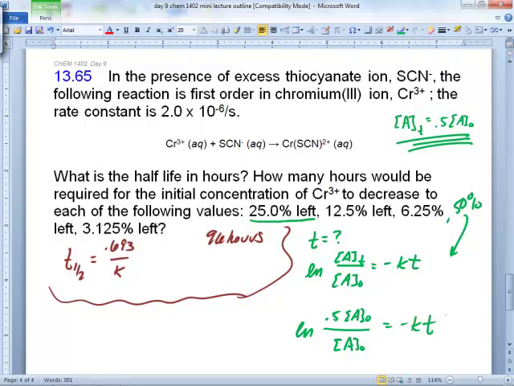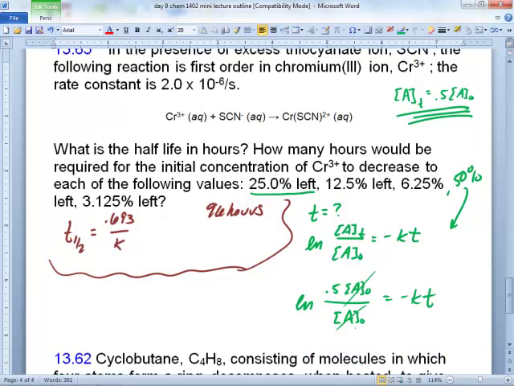That's why they didn't even tell us what the initial concentration is, because it just cancels out on you. So you just take the natural log of 0.5, divide it by our rate constant, and we'll get our t. Oh, you got to convert to hours. Did they want hours? Yeah, they wanted it in hours.